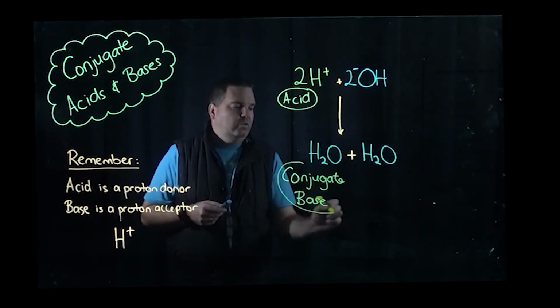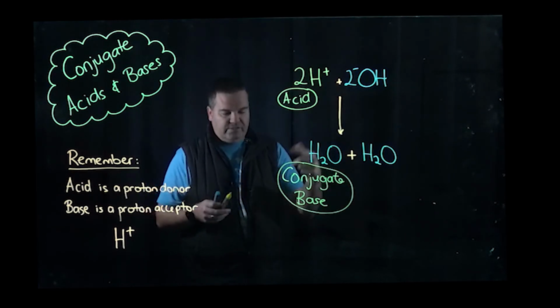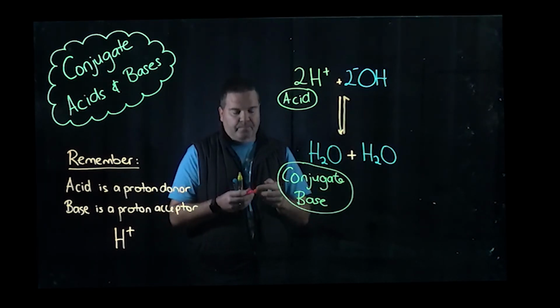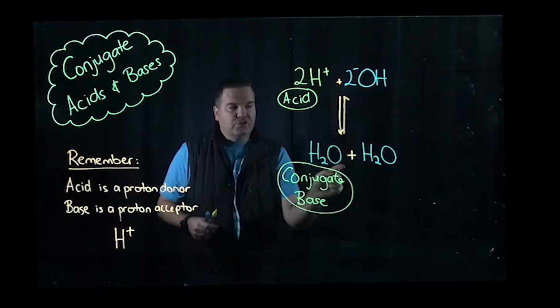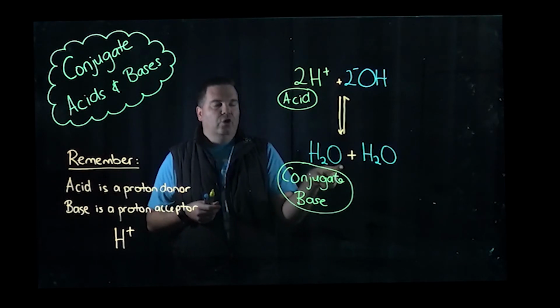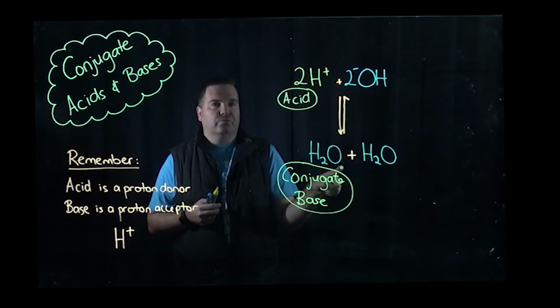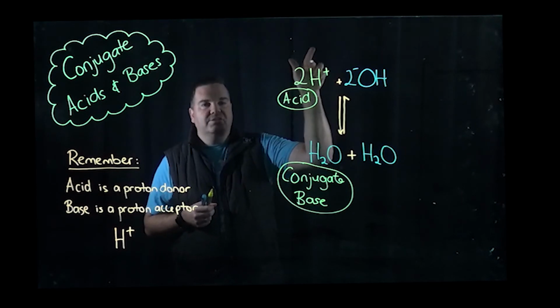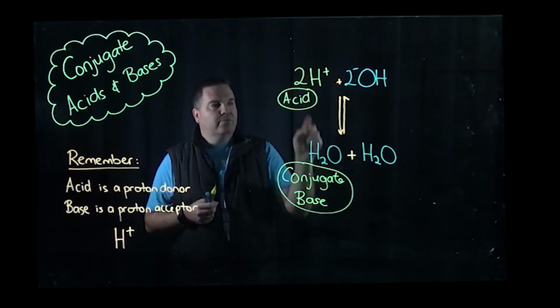The reason we call it a conjugate base is because if this reaction actually goes in both directions, this H2O could actually accept a proton to form H3O plus. Now, H3O plus is just water with a H plus on it, okay? So that's what we mean by conjugate base.